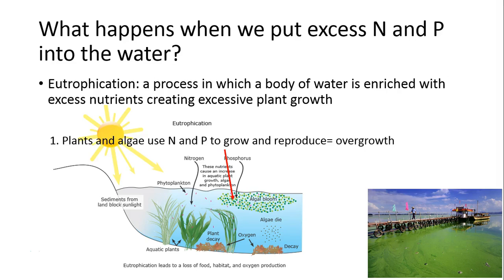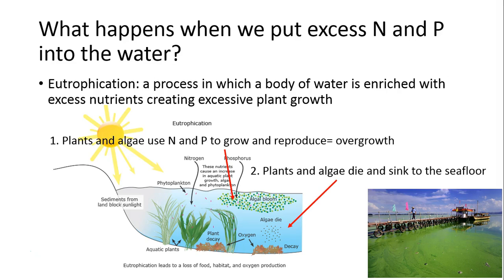First, when you get excess nutrients in the water, the plants and algae grow and reproduce. But they grow so fast that we would consider that overgrowth. For algae, when they grow really quickly, we call that an algal bloom.